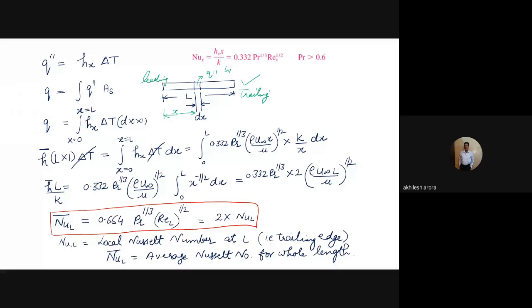The unit is watt per meter square. The value of the heat transfer coefficient at this particular location is, let us say, h_x.